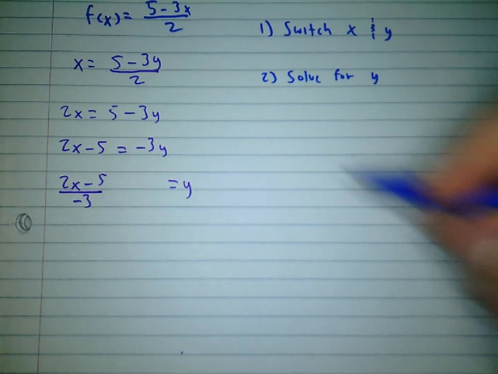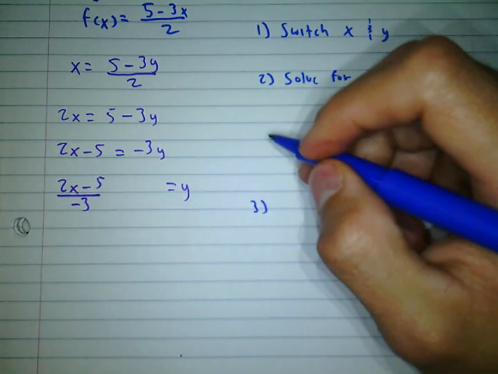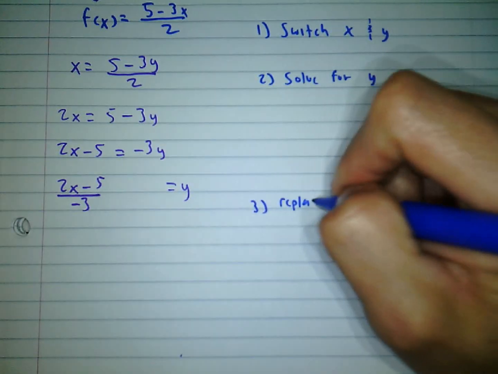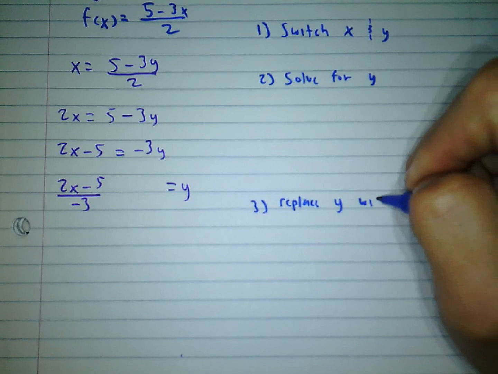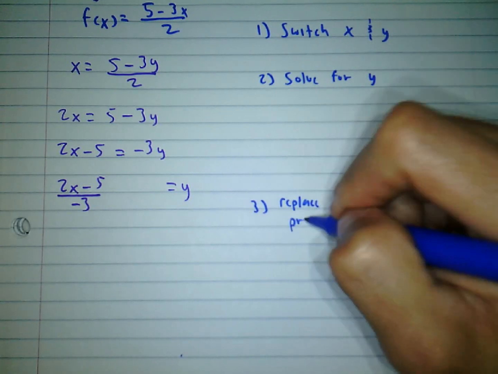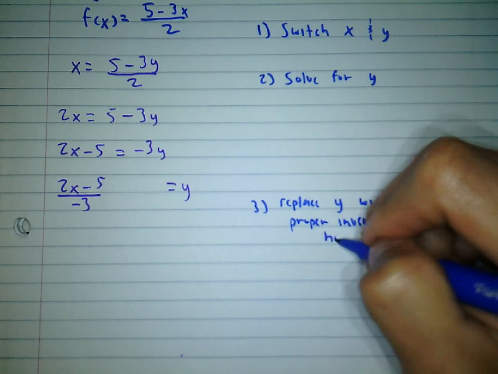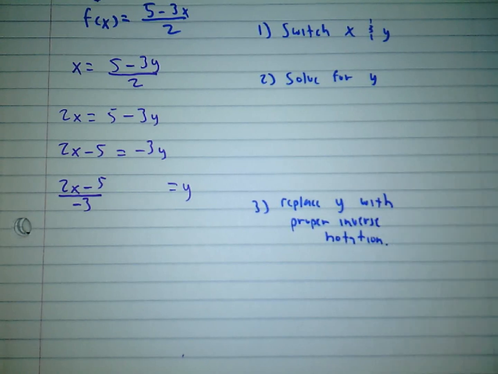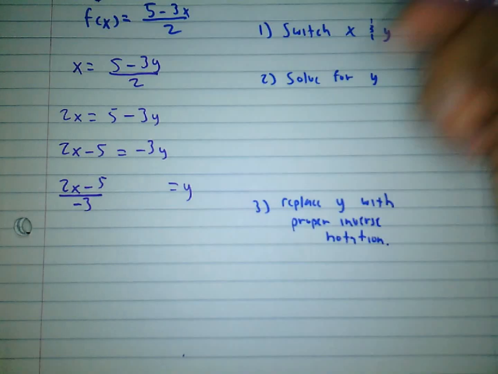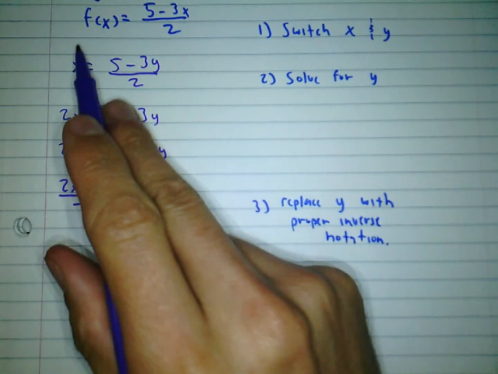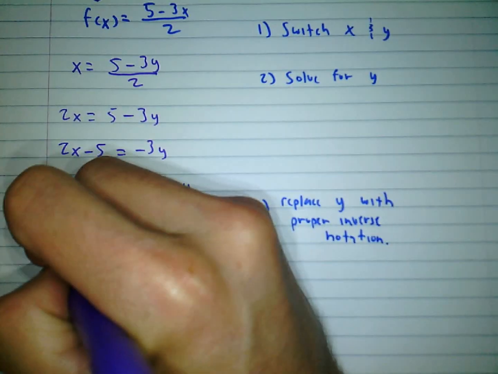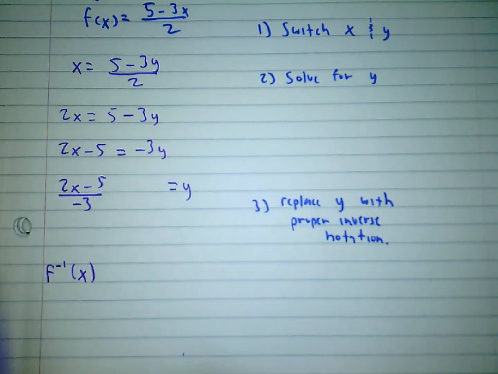Okay? So then our step 3 would be to replace y with proper inverse notation. Okay, so in that case, because we started with f of x, that means that the proper notation is going to be the notation that we spoke about a few minutes ago.